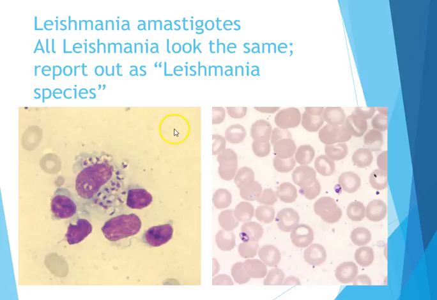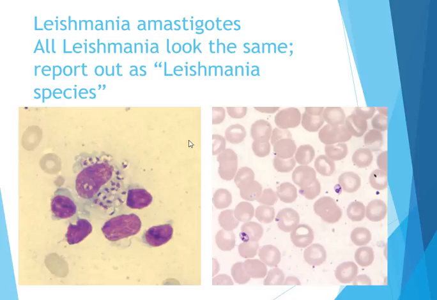Notice at the top, we're going to talk about 3 different species of Leishmania, and they all look the same. So when you're in lab or when you're at the hospital working, if you see these, then you're supposed to report them out as just Leishmania species. You are not going to be able to tell the difference between the species by looking on the slide.